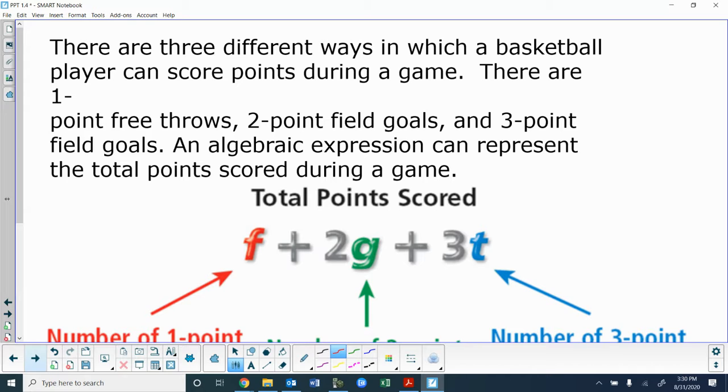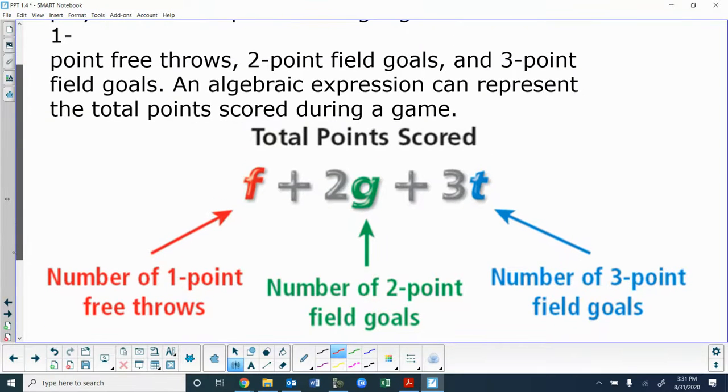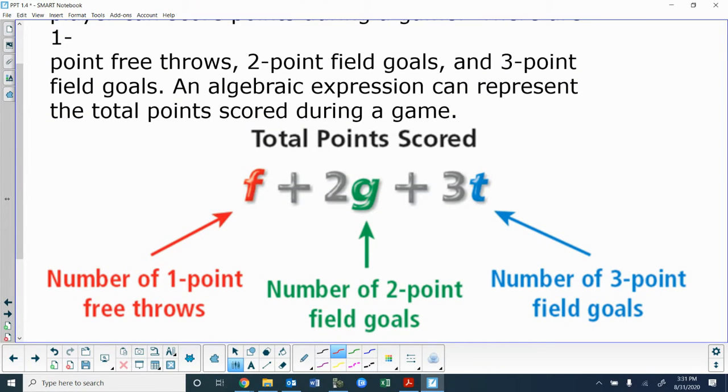An algebraic expression can represent the total points scored during a game by F plus 2G plus 3T. So F represented free throws, and G represented field goals, and T represented 3-point field goals. So that was just an example of an algebraic expression.